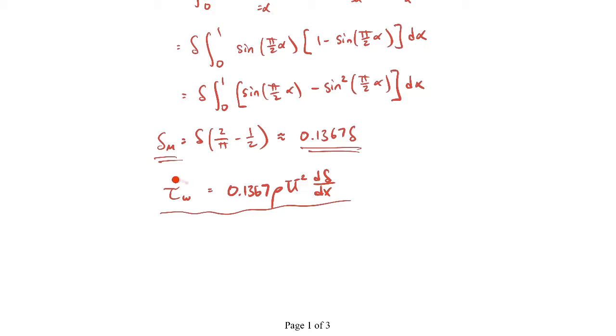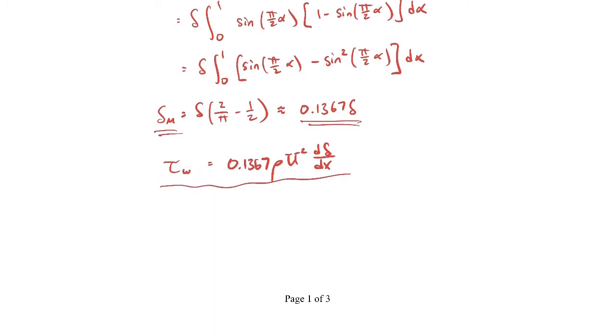So we have another way to find the wall shear stress, and that is just using our standard expression tau w is equal to mu times du dy evaluated at y is equal to 0. This is just the shear stress at the wall using our given velocity profile. But since, again, we're dealing with the velocity profile given in dimensionless terms, let's rewrite this expression in dimensionless terms.